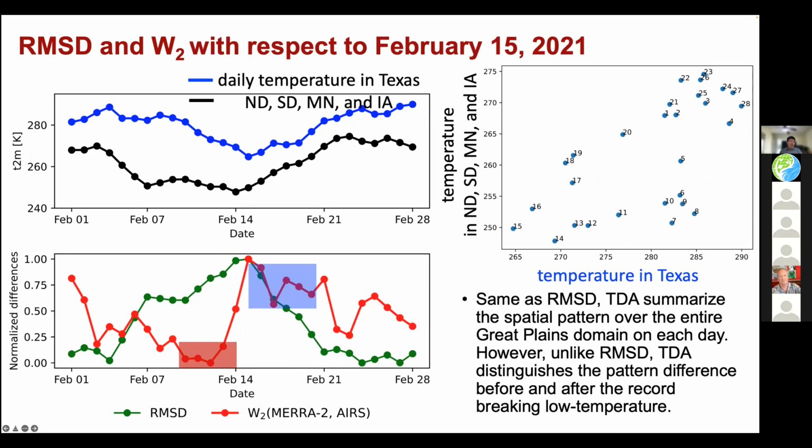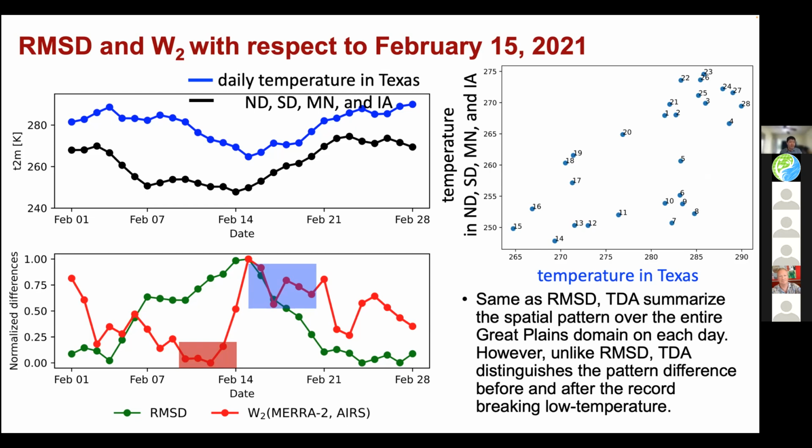And unlike RMSD, the Wasserstein distance plot is not symmetric with respect to February 15th. Look at this red line here. This indicates that somehow TDA distinguishes the pattern difference before and after the record-breaking low temperature in Texas that occurred on February 15th.